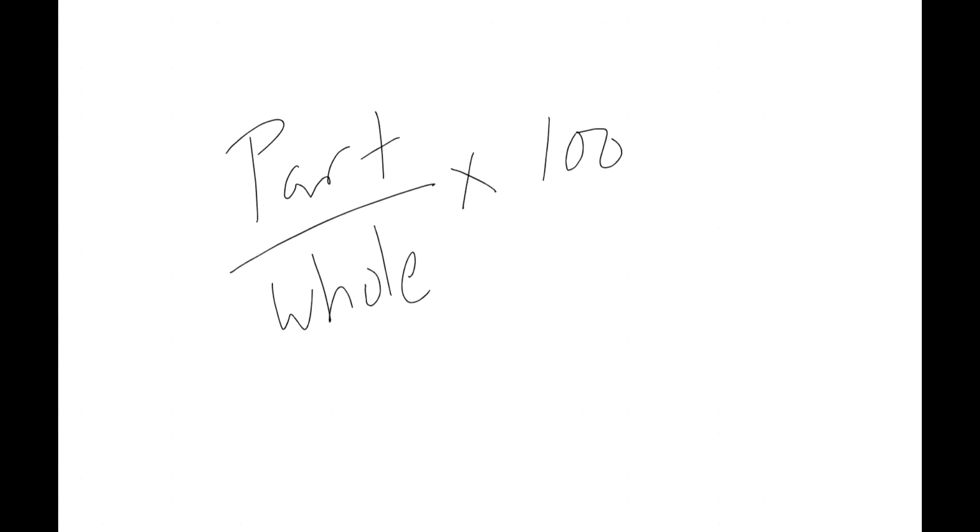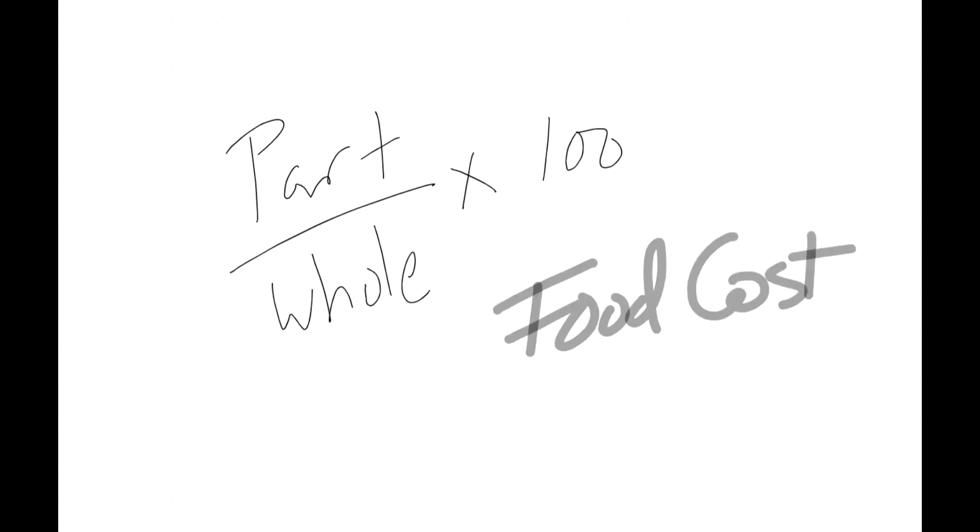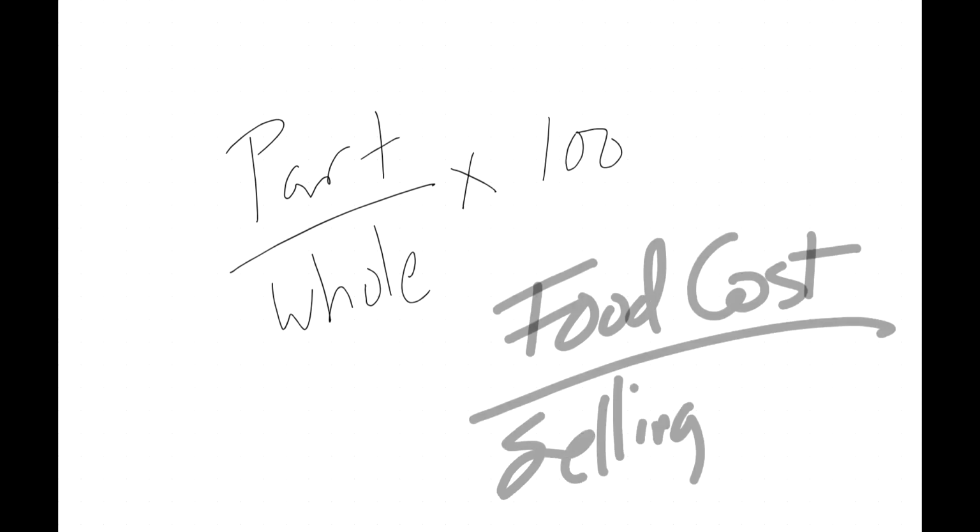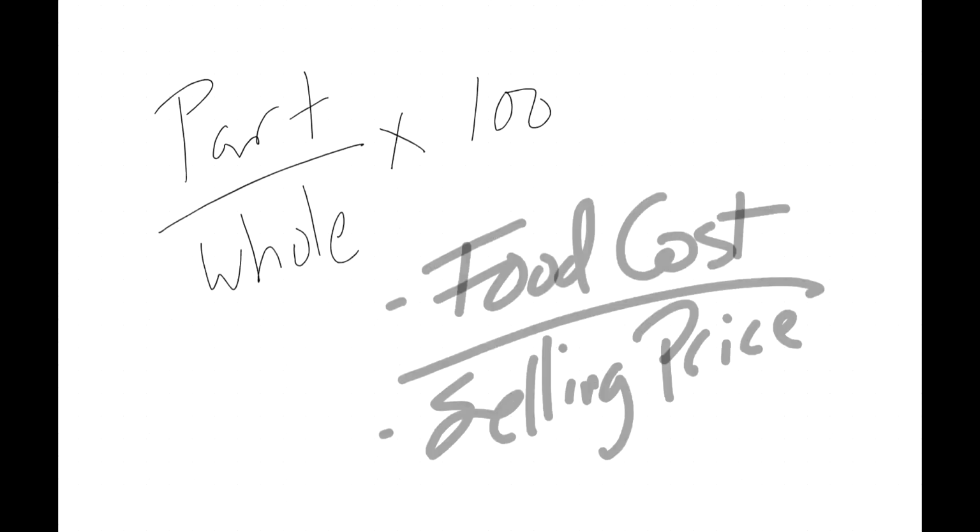Some of you in the assignment for defining control did food cost divided by selling price. Now, while that is correct, the food cost is a part of the whole selling price. I did want to stress this idea of part divided by whole as a universal percentage formula.